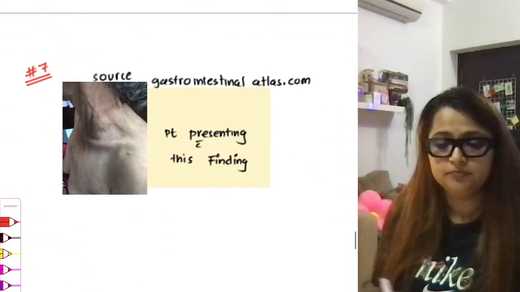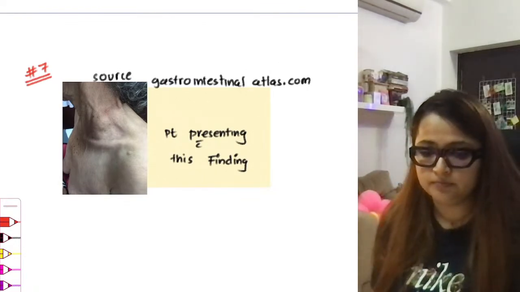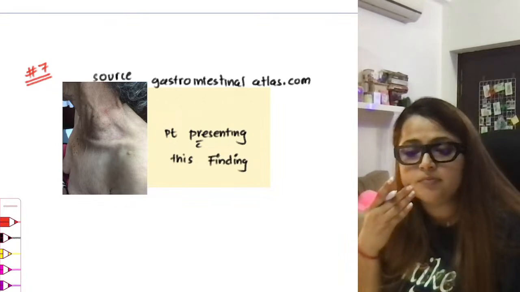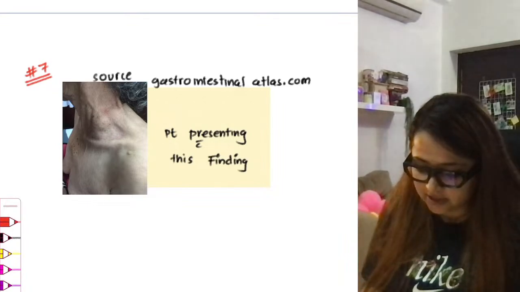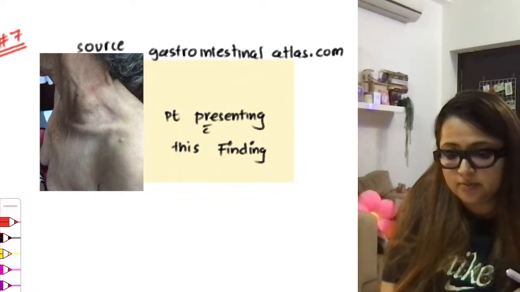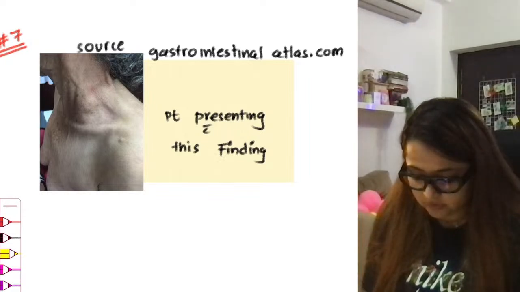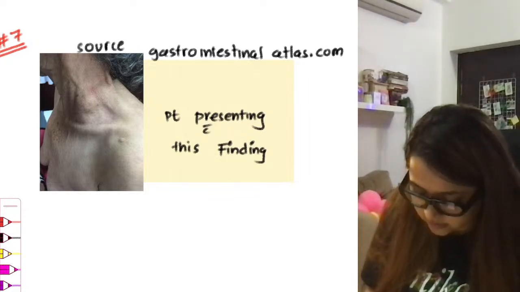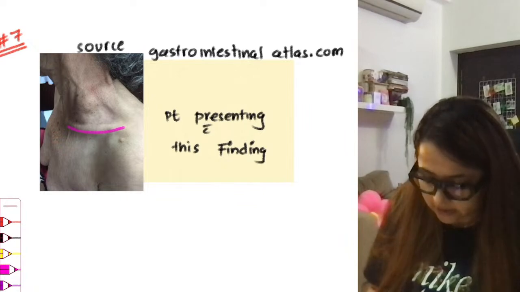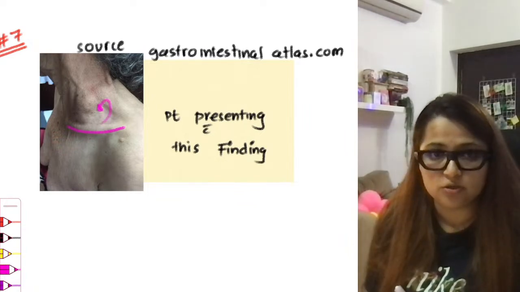Yes. So look here. Supposing such a type of patient is coming to your OPD, what are you able to see here? The answer is that this is the clavicle, and above the clavicle there is a swelling, a protrusion.